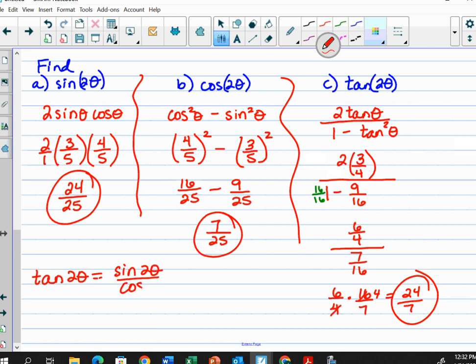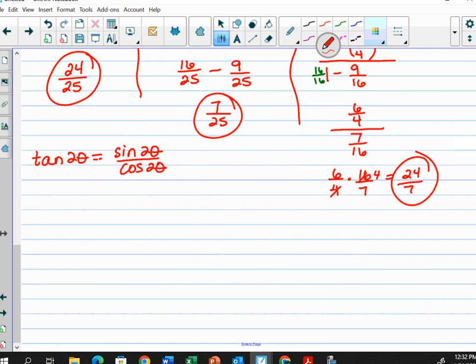If you've already found both of those, you could do that because you'd have 24 over 25 over 7 over 25. You guys see, you get the same thing. You like that way better, James? Yeah. All right. Questions so far?